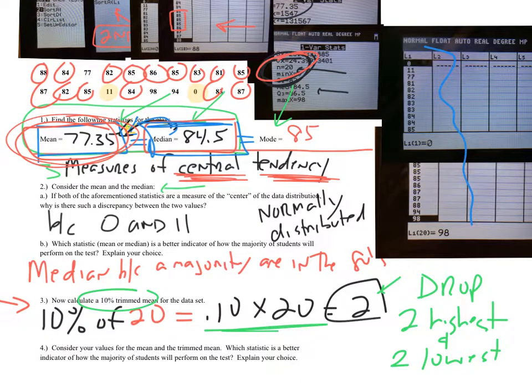So here I have my list of 20 data values, and here we're going to drop the 0 and the 11, and here we're going to drop the 94 and the 98, and we're going to average the middle 16.